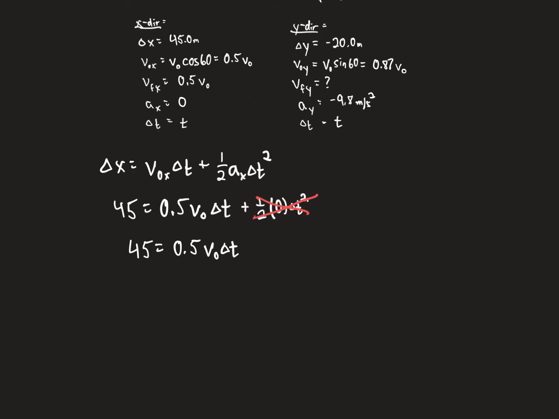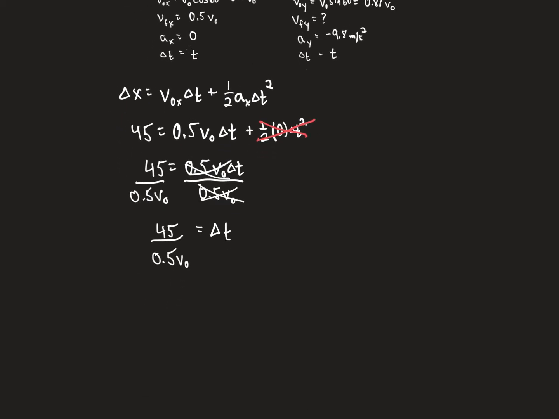Okay, so let's solve for change in t. Get change in t by itself. I divide both sides by 0.5 times V0. So we cancel that out on the right-hand side, and I see the change in time is equal to 45 divided by 0.5 times V0. What's 45 divided by 1/2? 90.